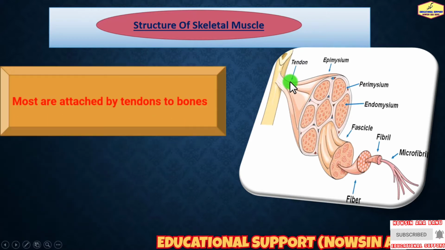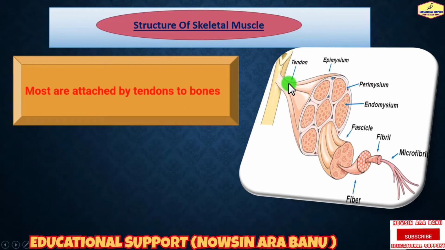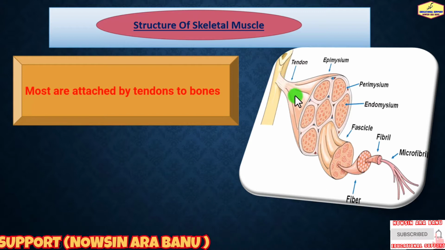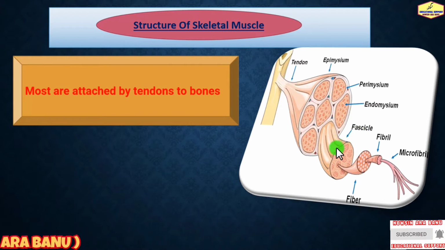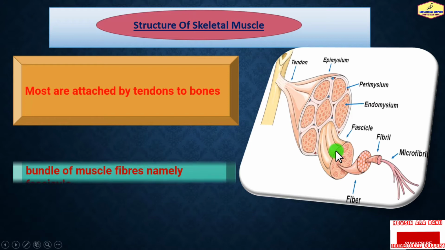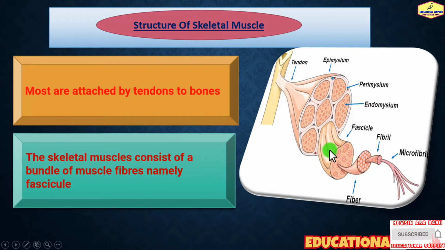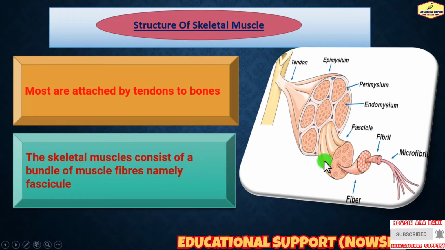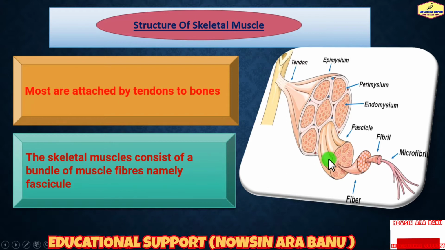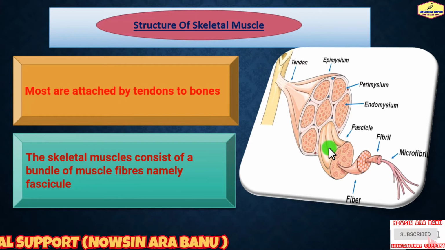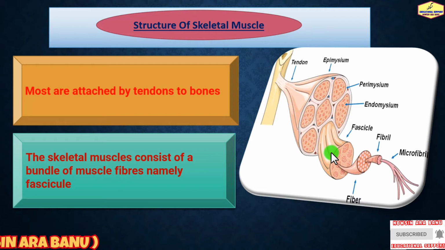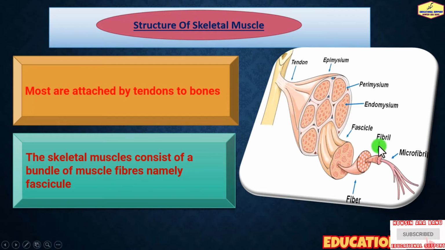So these tendons are comprised of connective tissue. These fascicles are cylindrical in shape as shown in the figure. So these muscle fibers are surrounded by blood vessels and a number of layers of other tissues enclosing it.